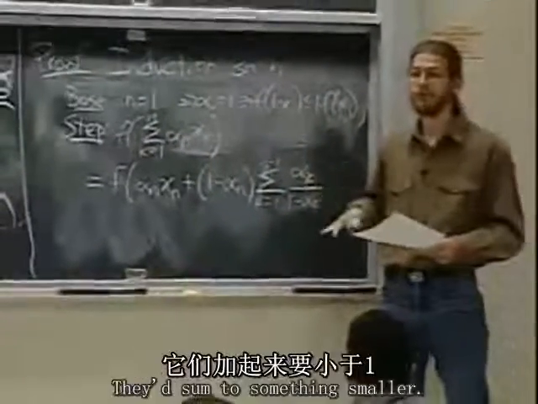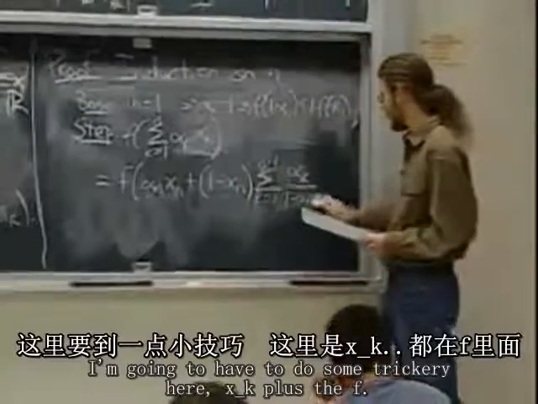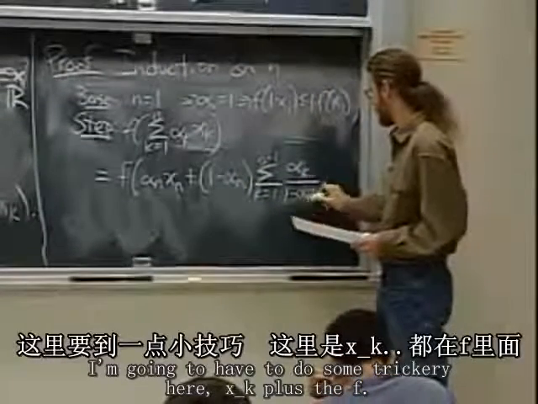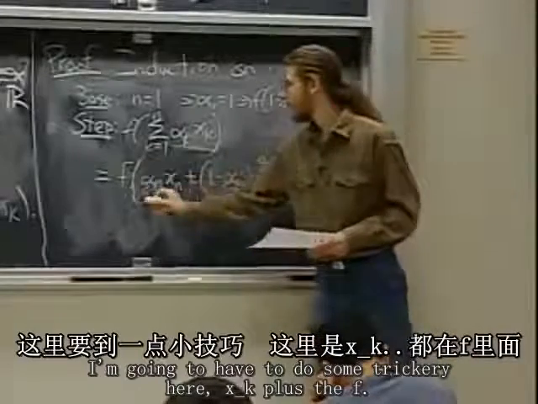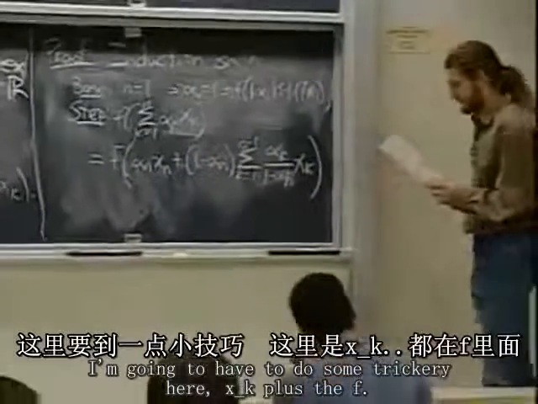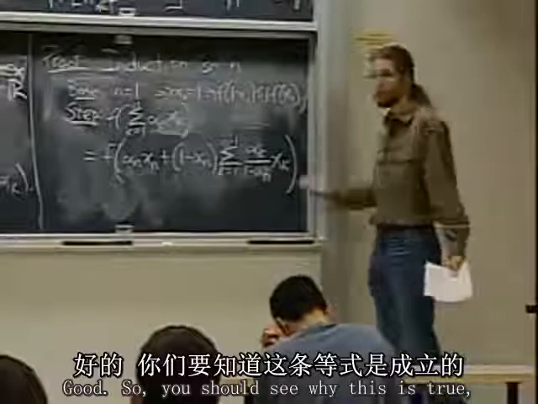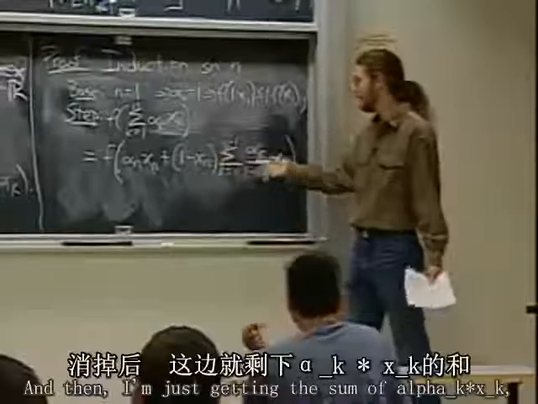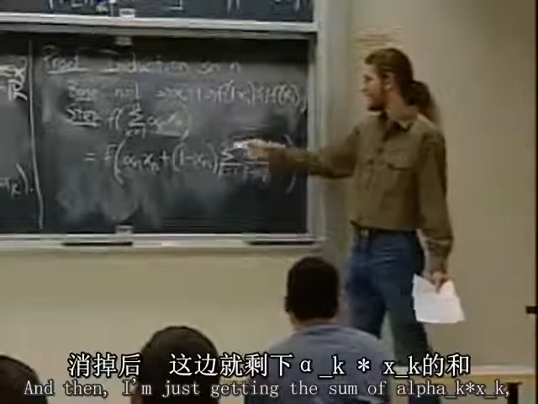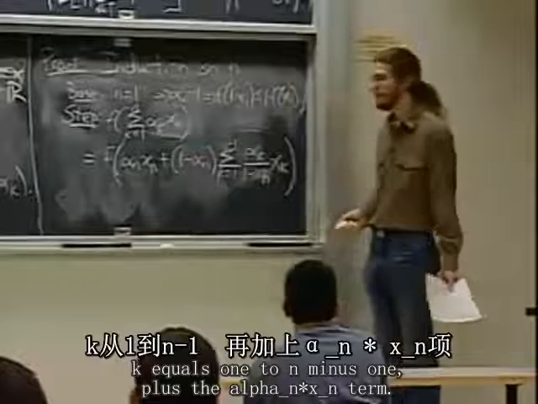They'd sum to something smaller. So I can't just take out this term. I'm going to have to do some trickery here. x k, close the f. Good. So you should see why this is true, because the 1 minus alpha n's cancel. And then I'm just getting the sum of alpha k x k, k equals 1 to n minus 1, plus the alpha n x n term.